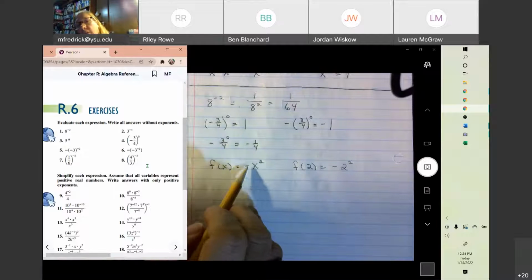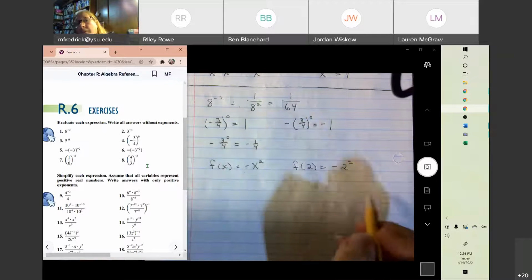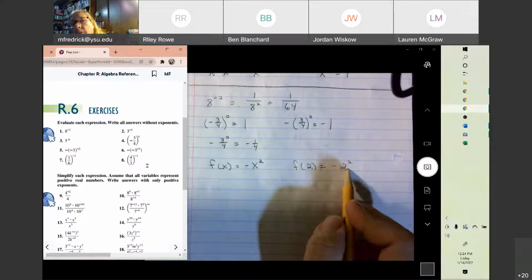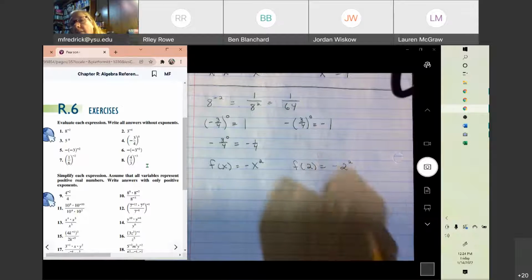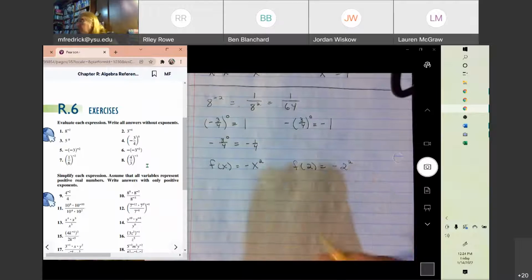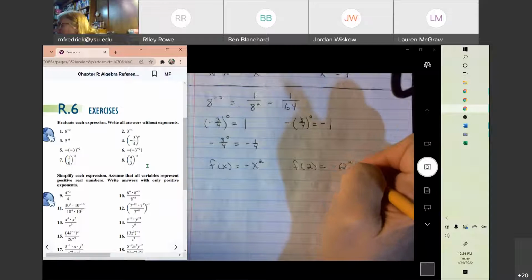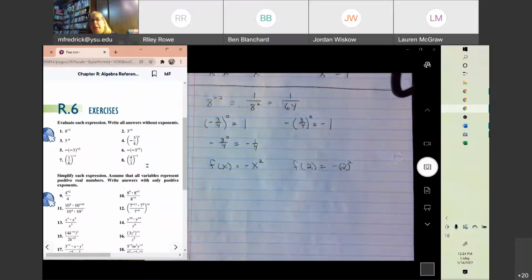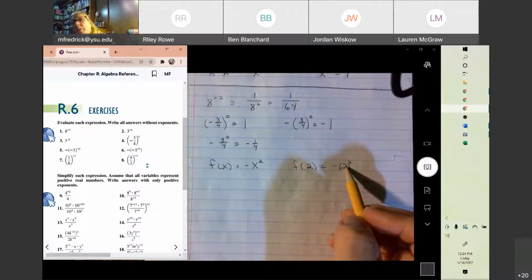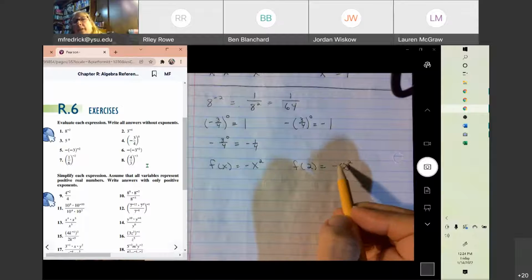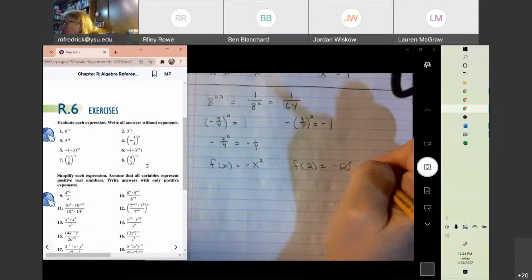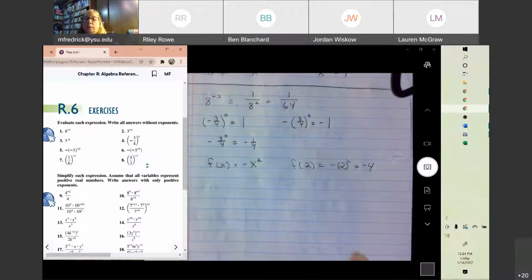This negative is not being squared. So it's 2 times 2, which is 4, and this makes it a negative 4. What I always do when I'm plugging in is I put parentheses around the number that I plugged in, and then I remember that this is 2 squared times the negative. So it's a negative 4.